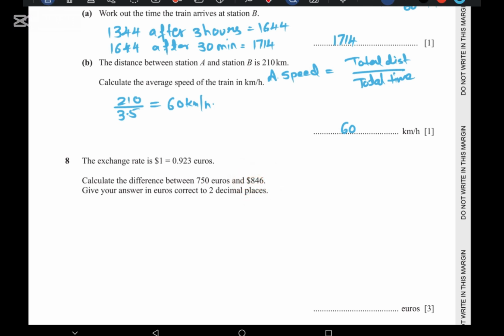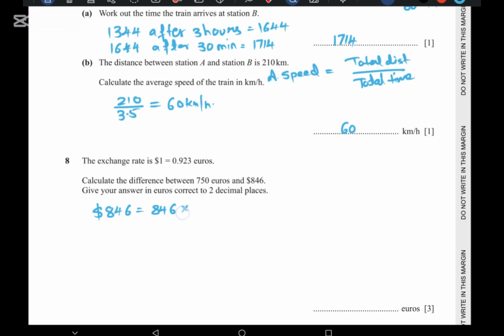So convert the dollars. $846 is equal to, how will you convert here? Because $1 is given as 0.923 euros, $846 will be 846 multiplied by the given number. Because we have been given the rate for $1, it is easy to find the value for the number of dollars given in this question.